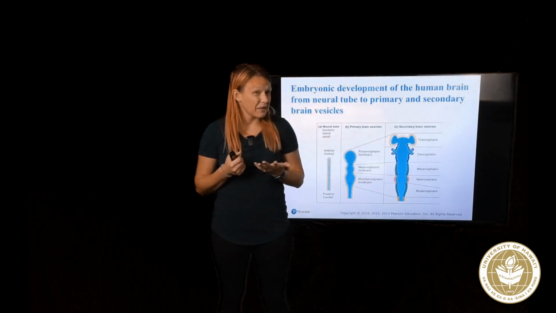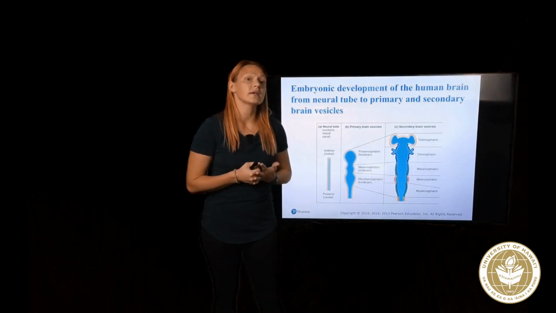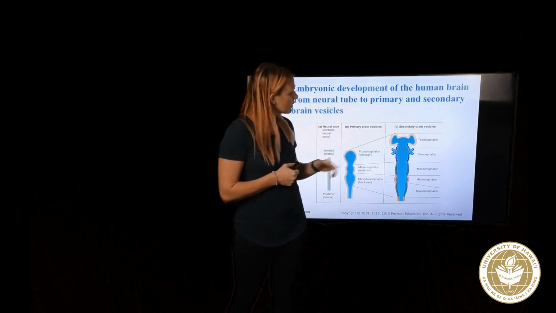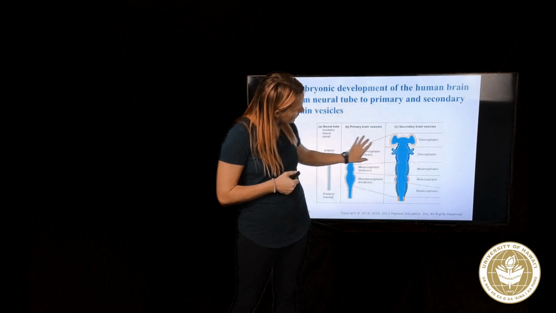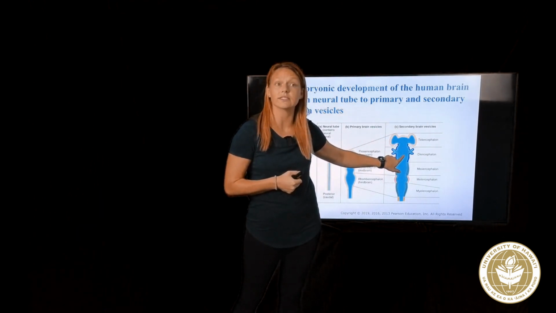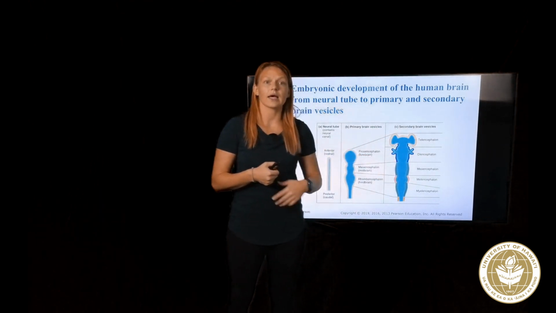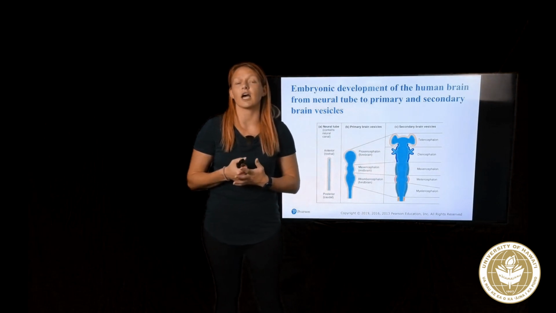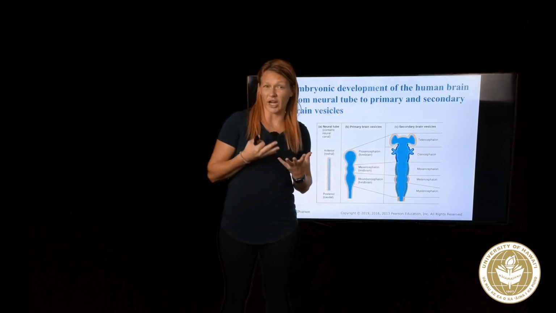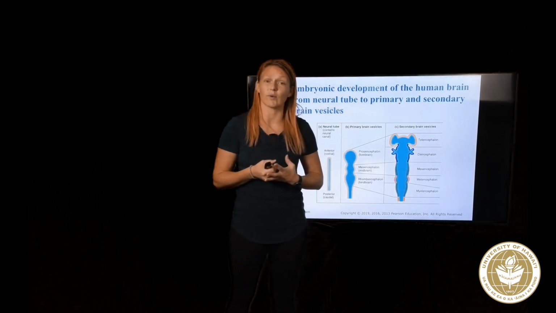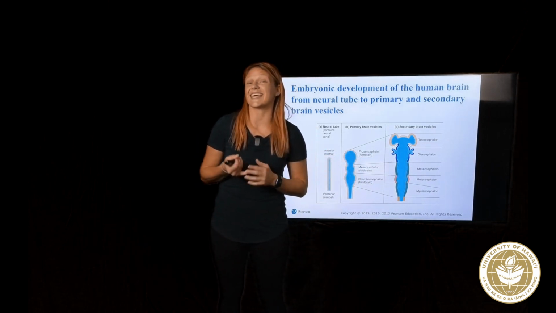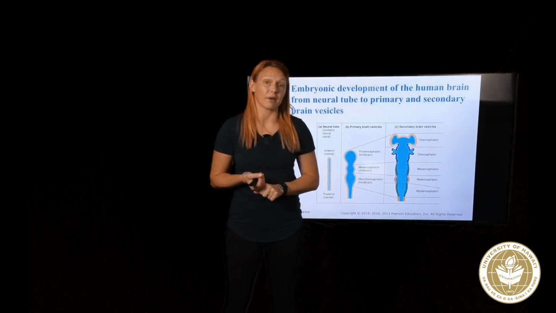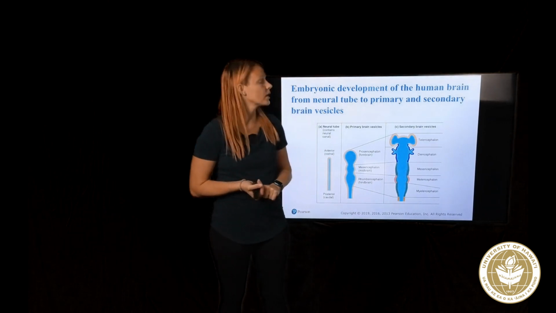It kind of looks like Mickey Mouse ears, if that helps you to remember it. And then underneath that the diencephalon. So the prosencephalon becomes the telencephalon and the diencephalon. The telencephalon is going to become a lot of that main forebrain area that we're going to be talking about. The diencephalon is going to develop into things like the hypothalamus, which we'll talk about in another lecture.